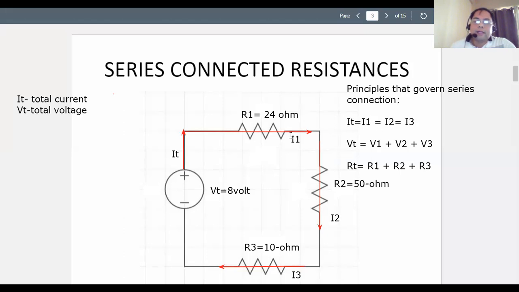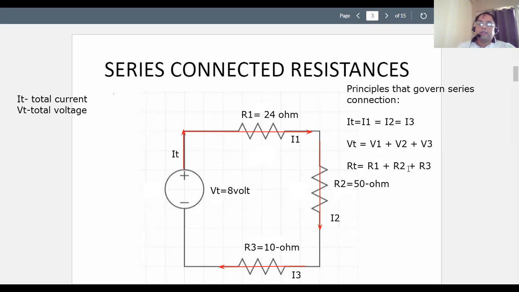Again, as the current and the resistance interact, they develop a voltage. The three resistances have individual voltages, and when you sum them up, they are equal to the total voltage.